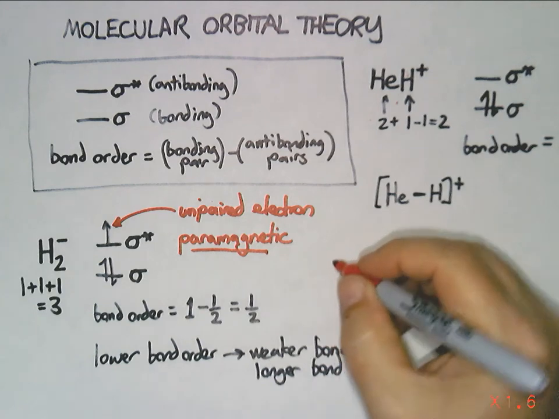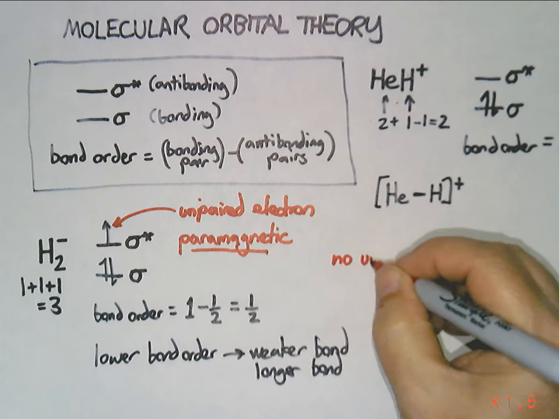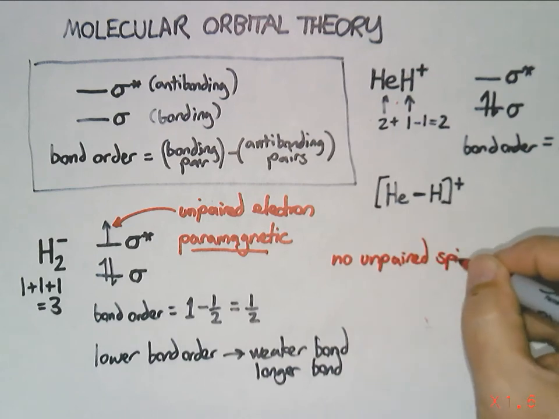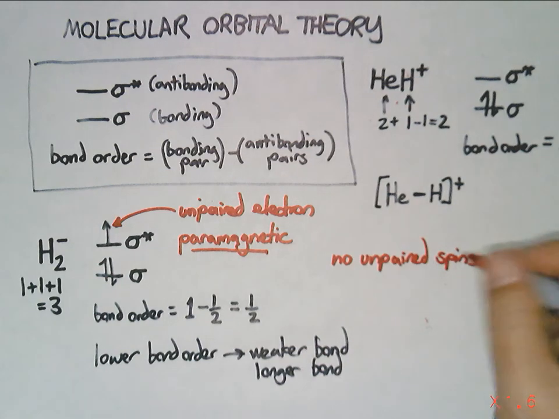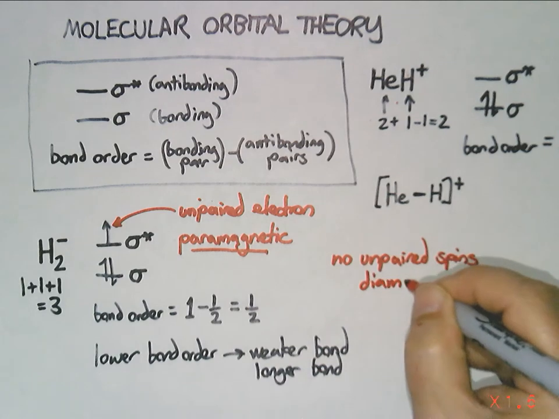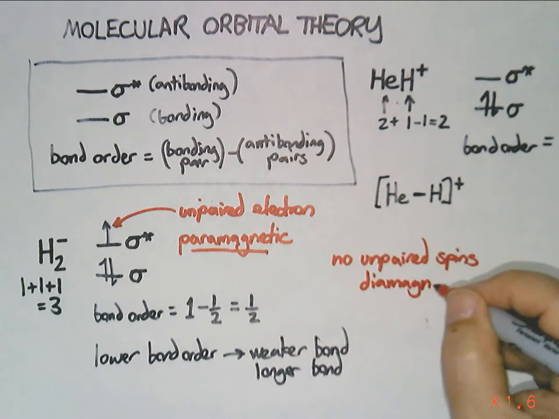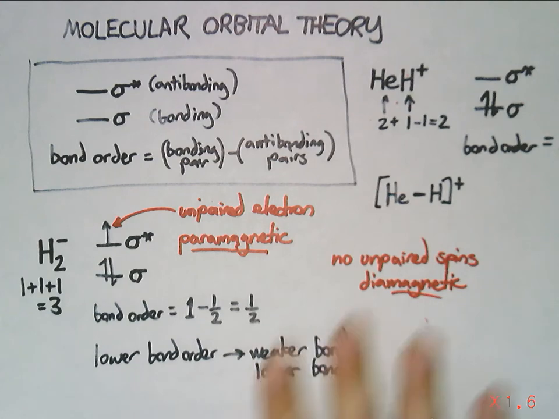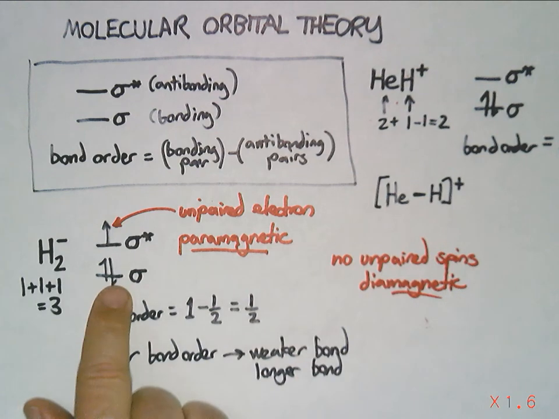If you have no unpaired electrons, or you could say unpaired spins, the opposite of paramagnetic is diamagnetic. So you could say it's diamagnetic if it had no unpaired spins. The HeH+ is diamagnetic.